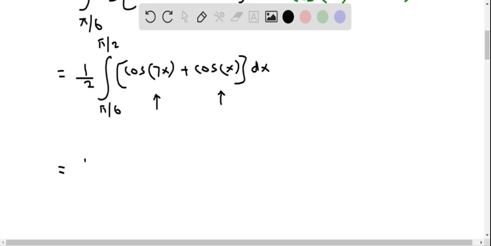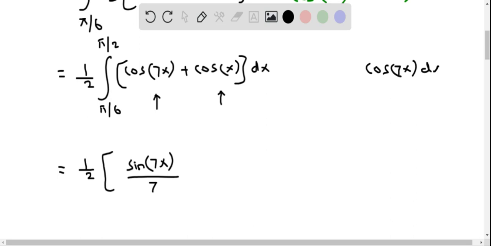So this equals a half of the antiderivative of cosine 7x, which is sine 7x divided by 7. We can determine this by using the u substitution method, that is, cosine 7x dx. Here we make the substitution 7x equals u.